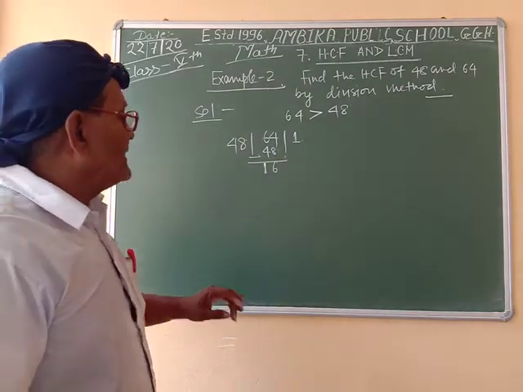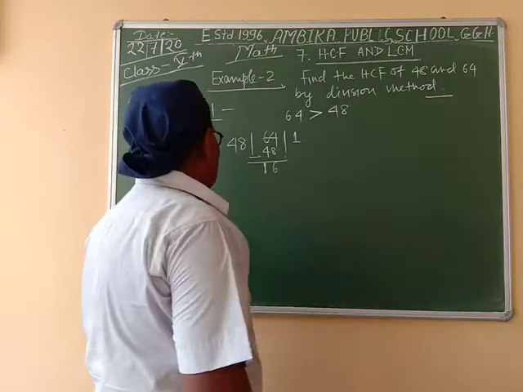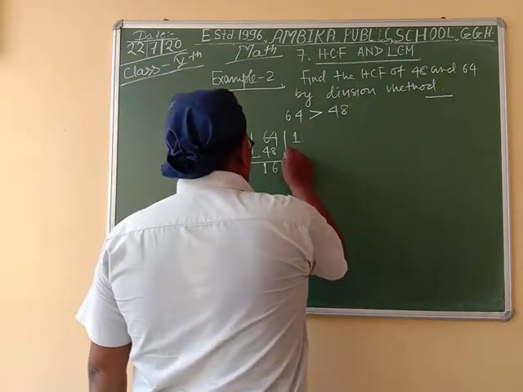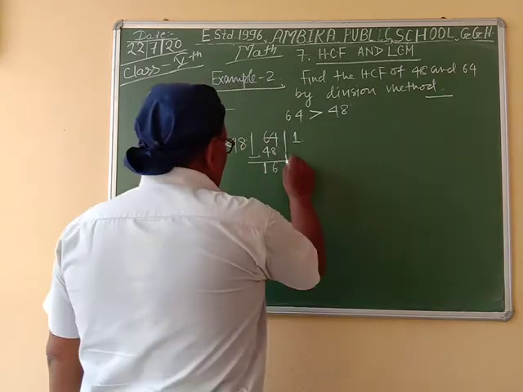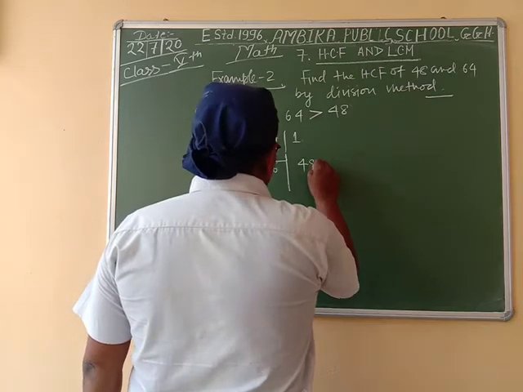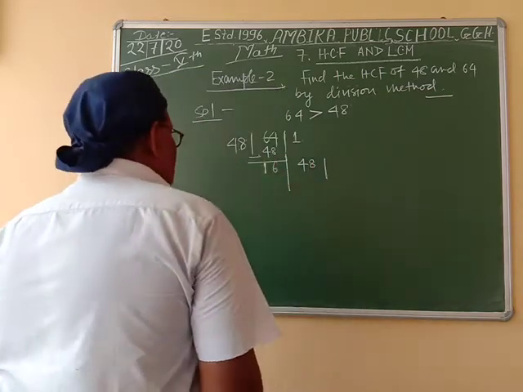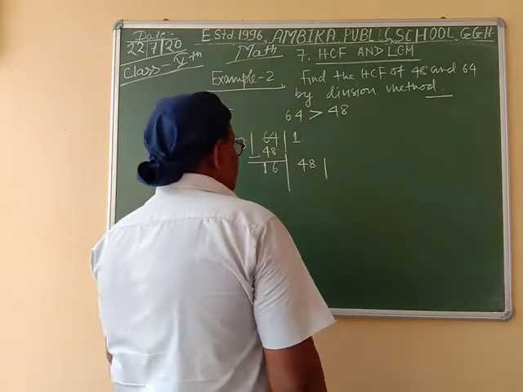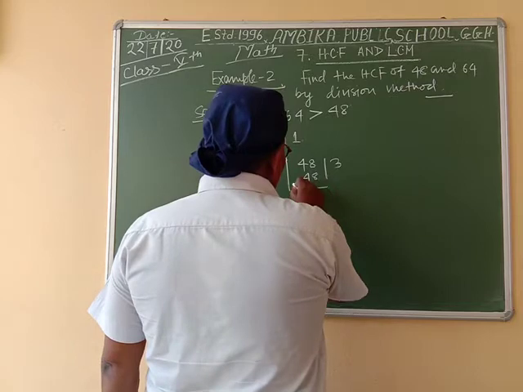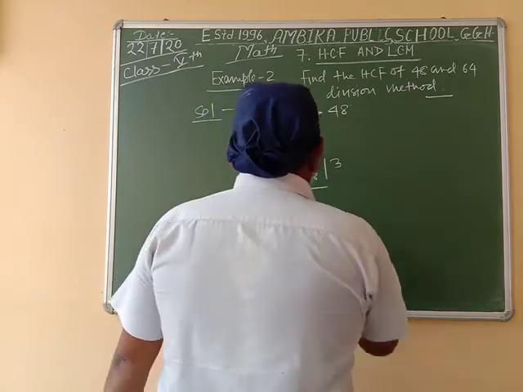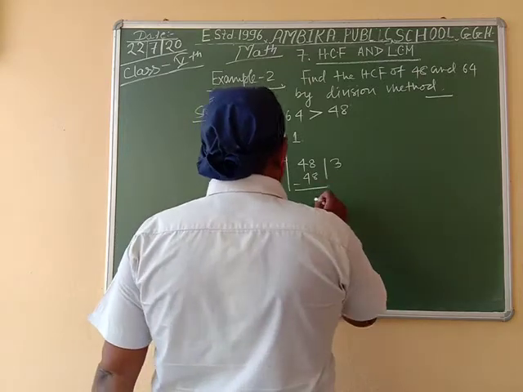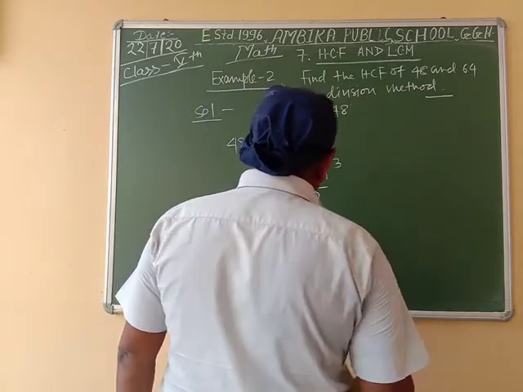But if the remainder is any other number, then we continue and divide 48 by 16 again. We know that 16 threes are 48, so 3 is the quotient, and we write 48 below the dividend, and on subtracting the remainder is 0.